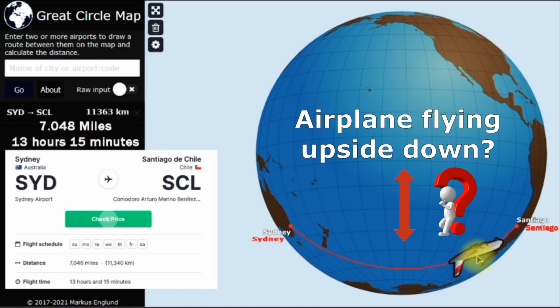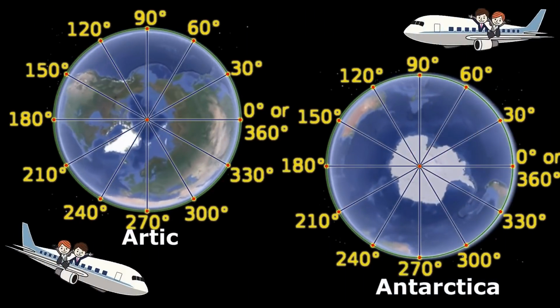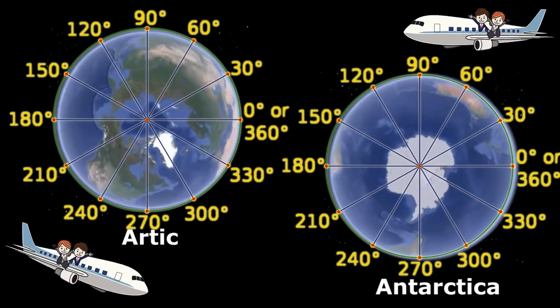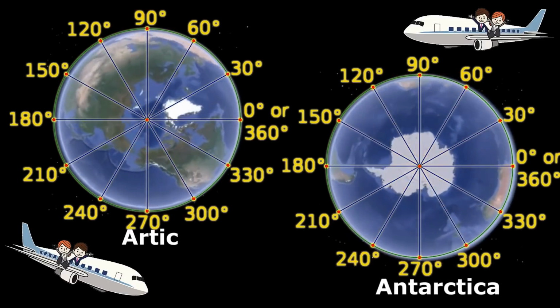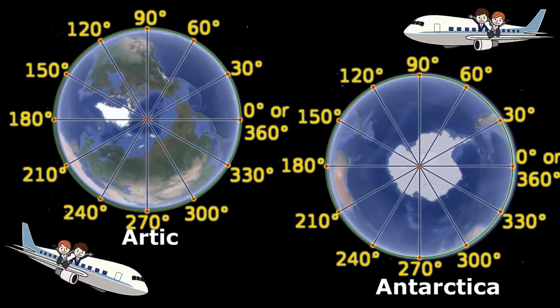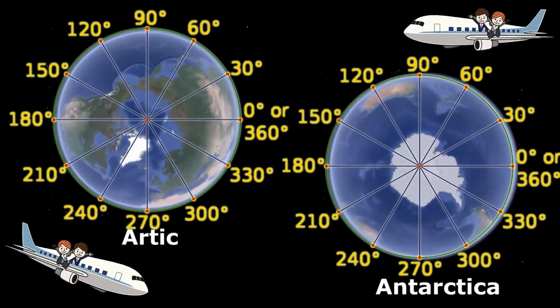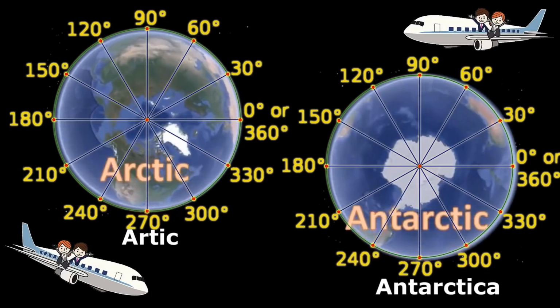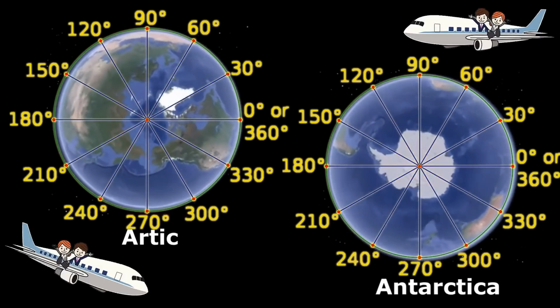So we're going to have to look at other details as we examine this flight. I have here a view of spinning Earth as seen from space. First one as seen from above the North Pole, the Arctic, and the second image is as seen from the bottom up towards Antarctica.